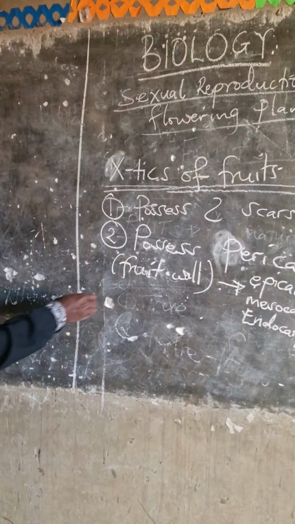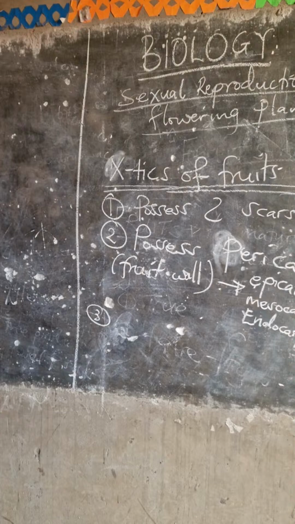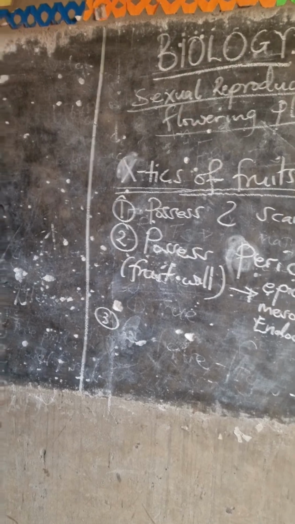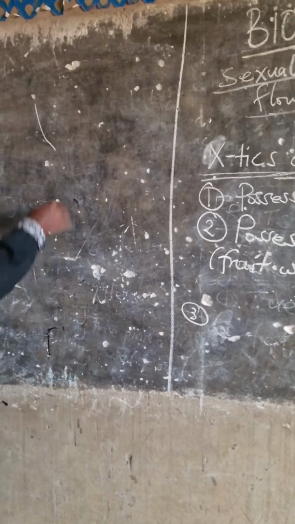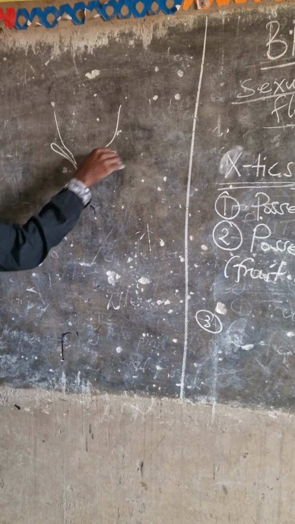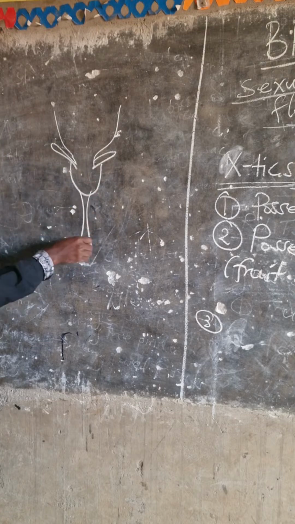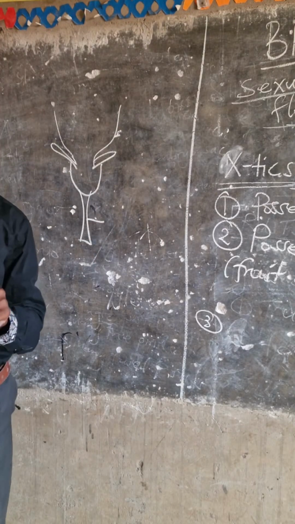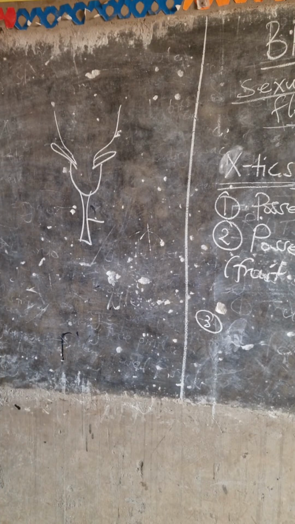The receptacle. A receptacle on a flower. If you have ever seen a drawing of a flower, these are sepals, these are petals. The receptacle is what connects the calyx to the stalk. If you followed yesterday's lesson, I'm responding to someone who's asking about a receptacle.